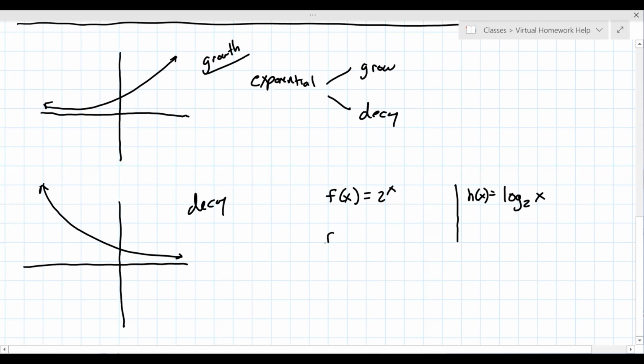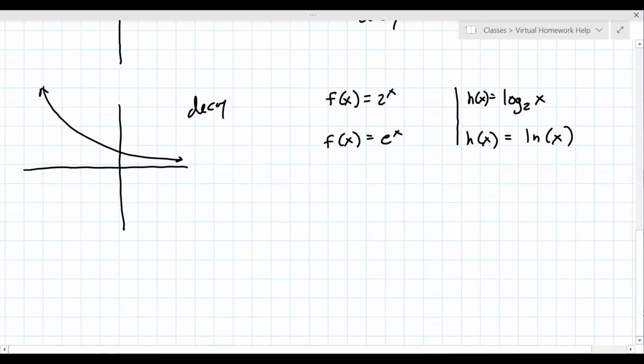There's also the growth function e to the x, and it has a related inverse function of the natural log of x. A lot of times this chapter in your textbook starts out by showing you graphs, and you have to be able to graph both growth and decay functions of exponentials as well as logarithmic growth and decay of that function.